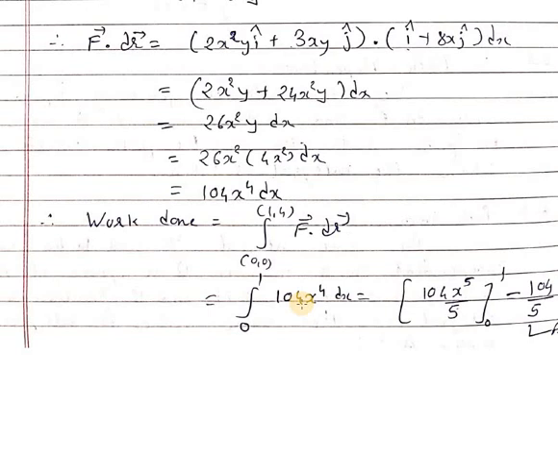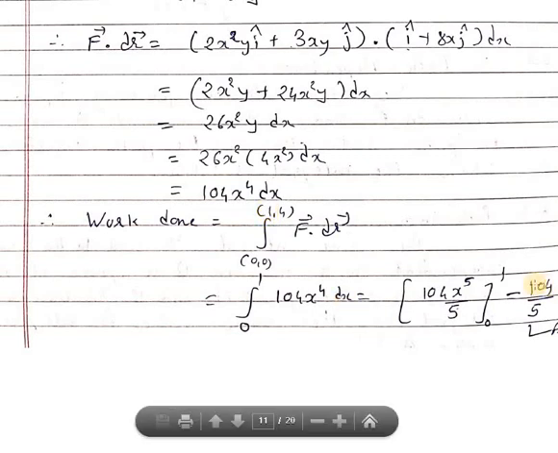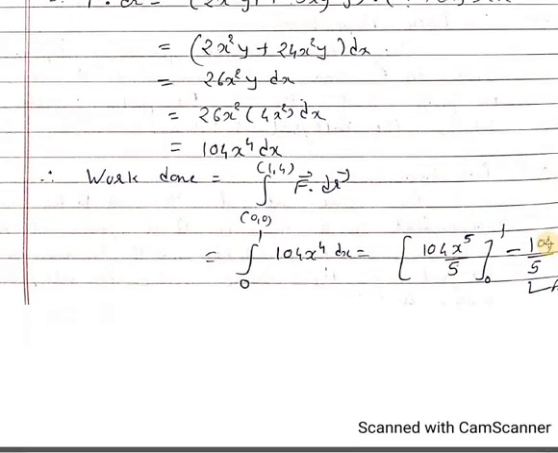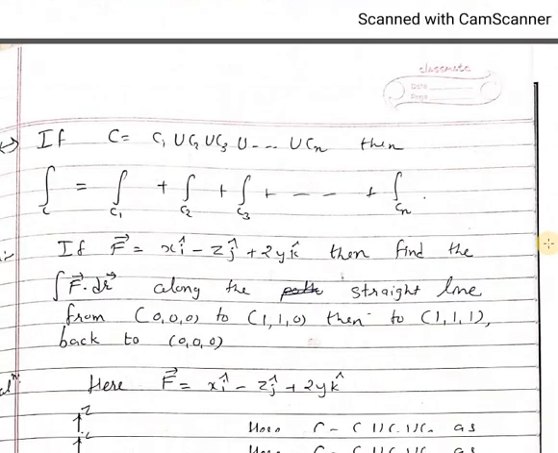Now see here again, the limit is of the variable x because we have reduced all terms to x. So x varies from 0 to 1, and integrating that will give you 104 x raised to 5 by 5. Putting in the limits gives the final answer 104 divided by 5.